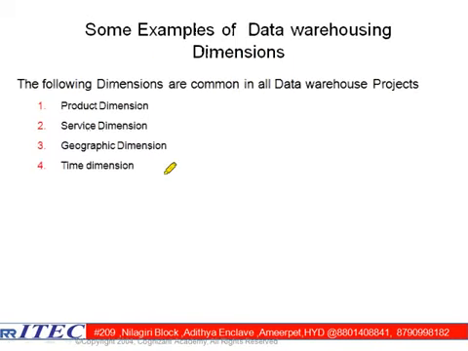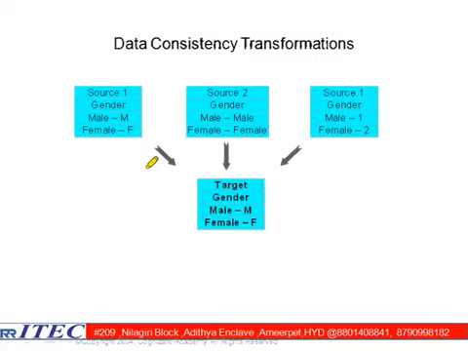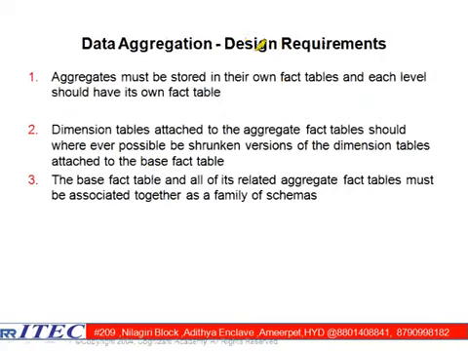So you people understand, best examples are like product dimension, service dimension, geography dimension, time dimension; like this, a number of things are there. Okay, understand one point very clearly. That point is called design requirements, how we are going to design it. The base fact table and all of its related aggregate fact tables must be associated together as a family of schemas.